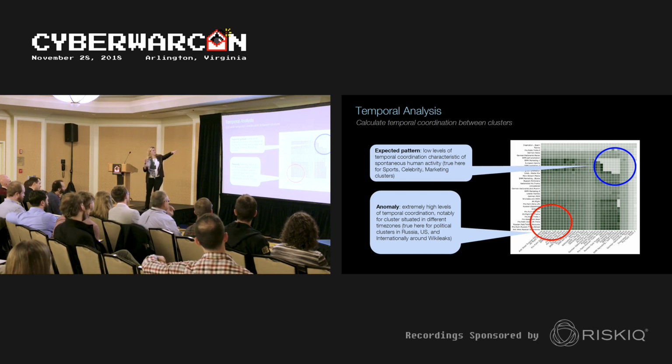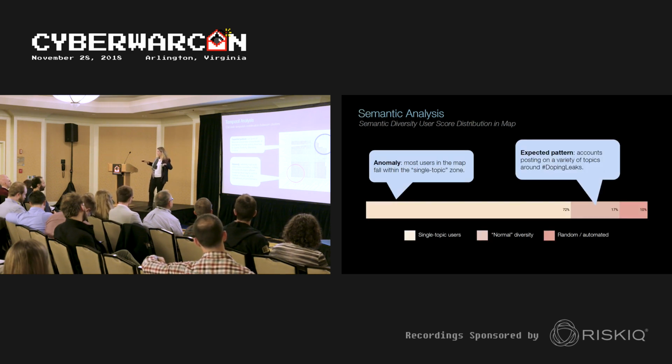And the expected pattern is a low temporal coordination between those clusters. Some of it is expected, a lot of it is odd. The thing that's particularly odd here is an extremely high level of temporal coordination across clusters that are completely different in interest, that are not connected to one another, and that are in completely different time zones.